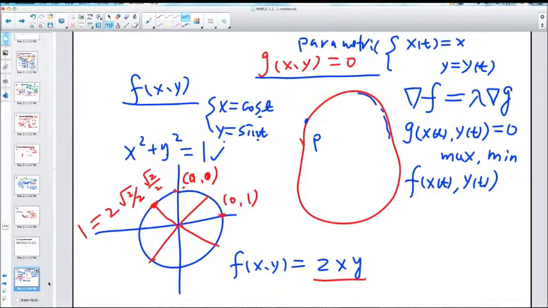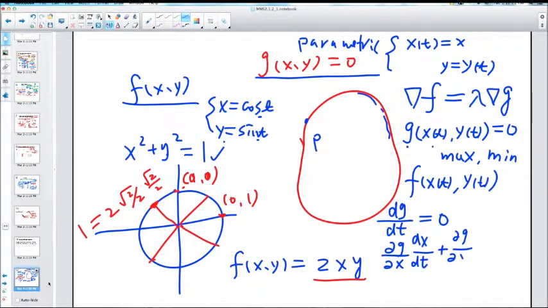Let's take a derivative by the chain rule. If I take the derivative of g with respect to t, the right-hand side is 0, so the derivative of the left-hand side is also supposed to be 0. By the chain rule, you get this: dx/dt and dy/dt. I do not know if you connect all the calculus now.